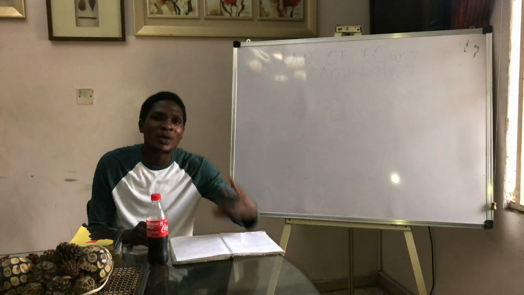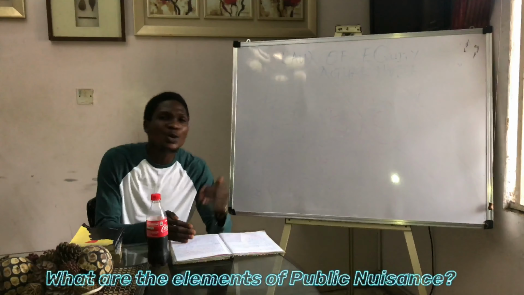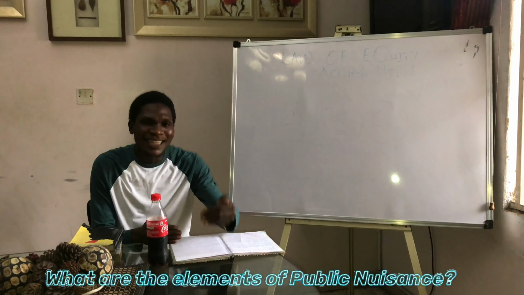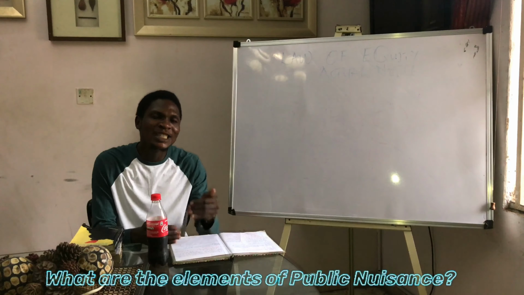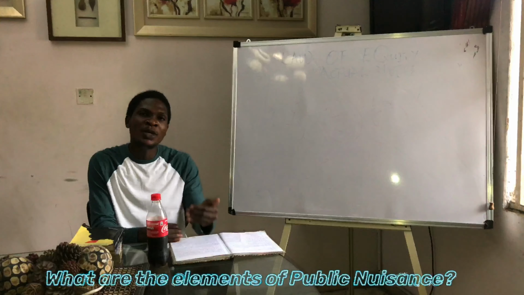However, there is a condition to that suit, and that condition will be seen when we are talking about the elements of public nuisance. So now, when you are saying that the AG is to stand before the court and sue a party for public nuisance, what are the things that the AG must prove before the court? As well as the police, what are the things that the police must prove?